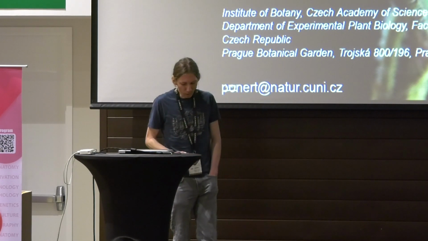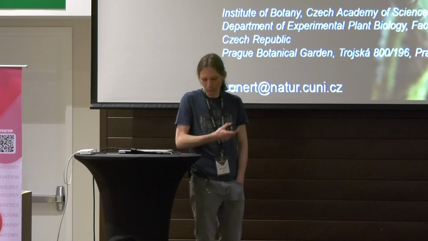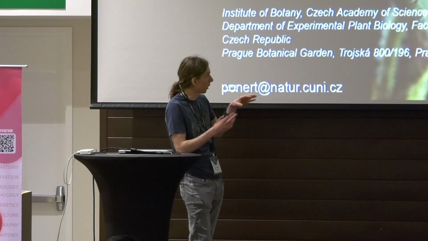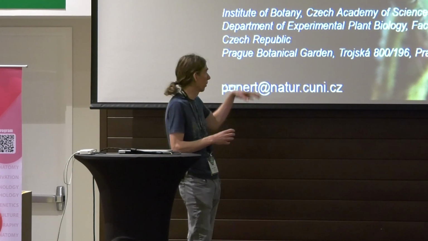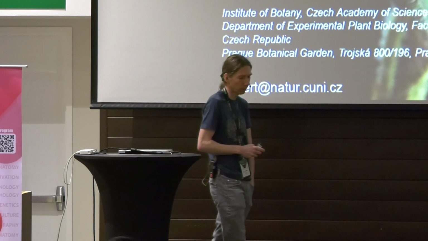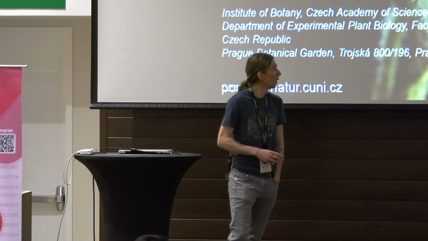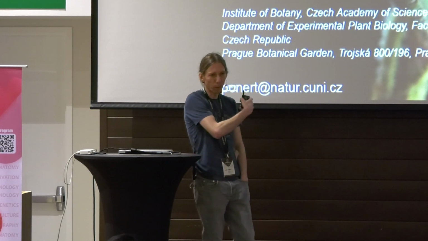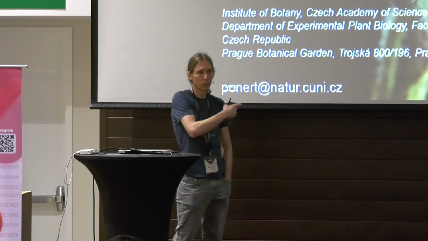I can just tell that we already tried to model diversification rates in pleurothalids just on this subset of 300 species. It's too small a subset. But we tried to correlate it with our genomic features.